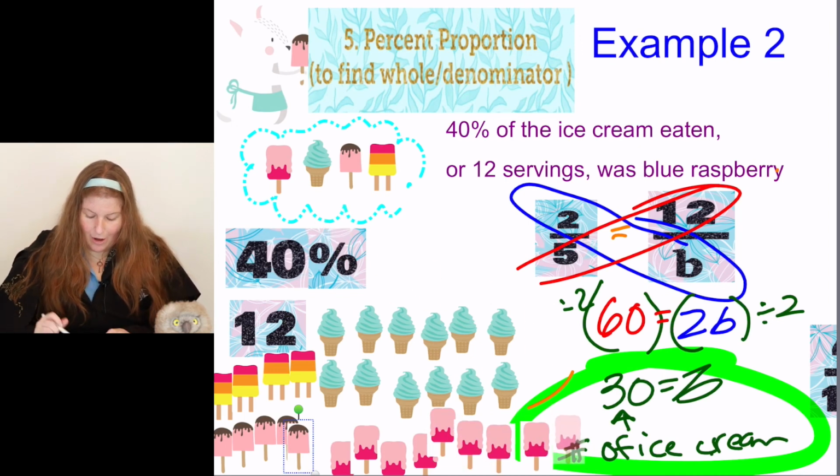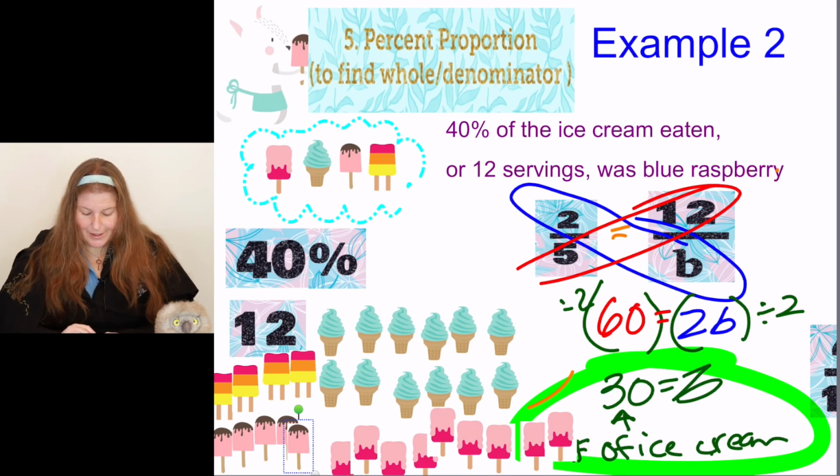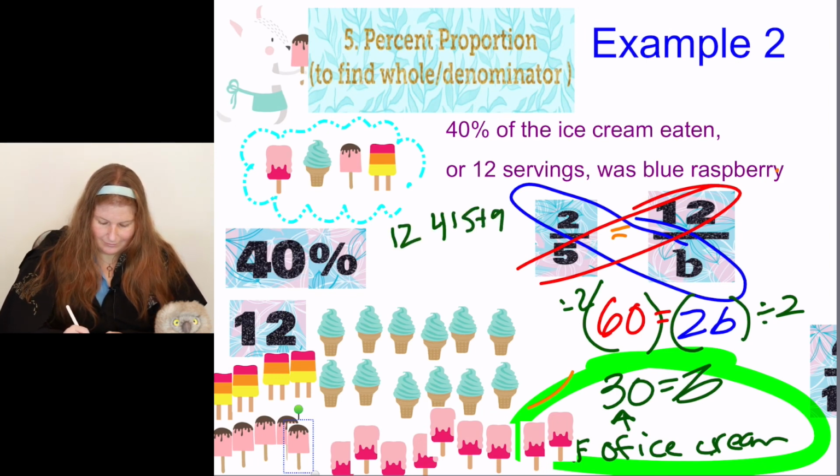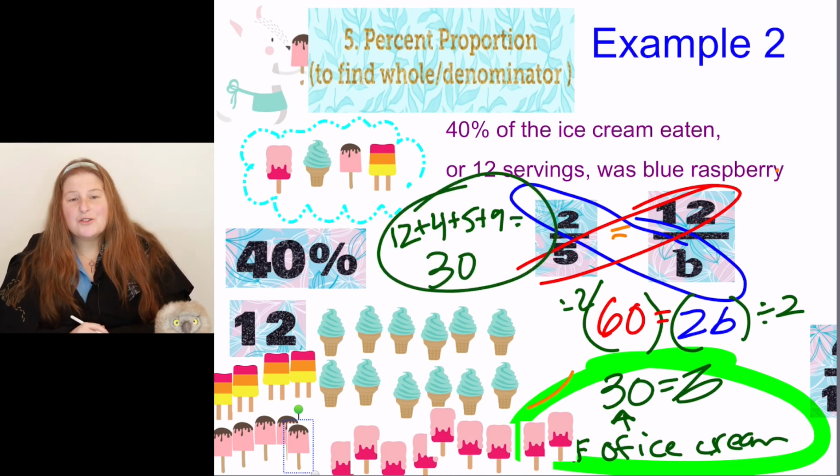And when I add them all together, 12 plus 4 plus 5 plus 9, I get 30 servings in all. So that's how you can use the percent proportion to find the value of a whole group.